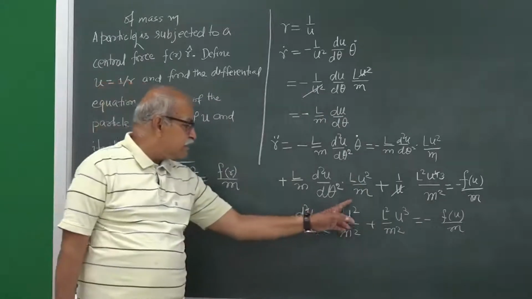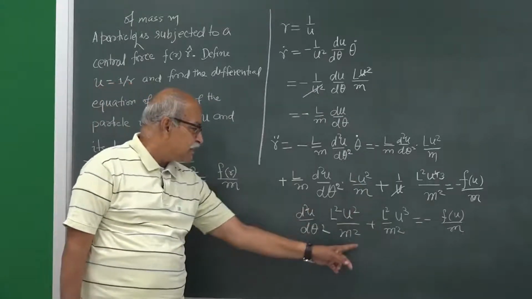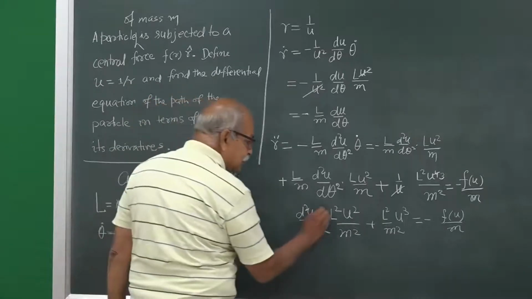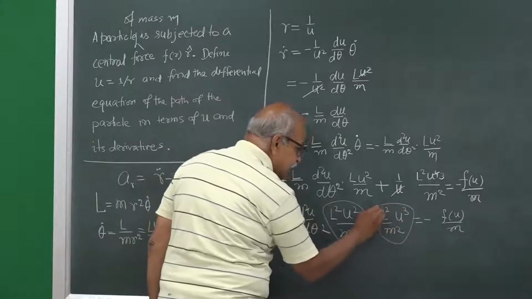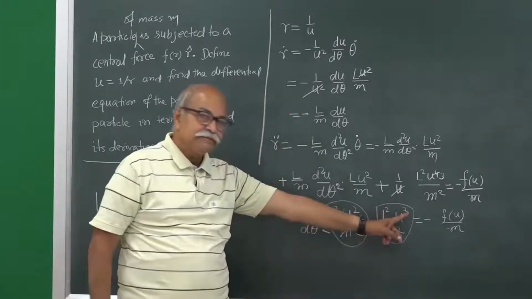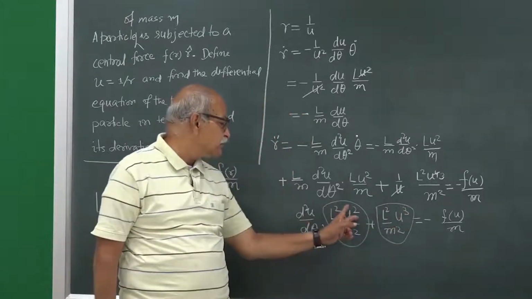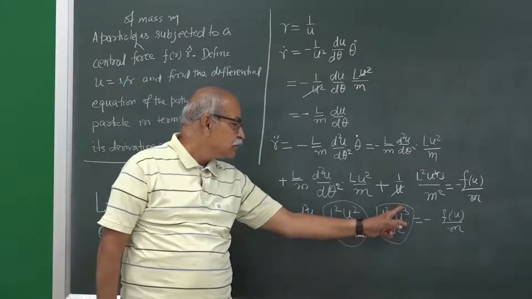So, divide by this quantity, and this quantity is common here and here except for this u. Here you have u square, here you have u cube.